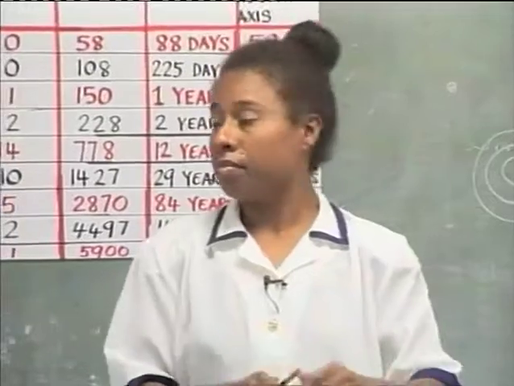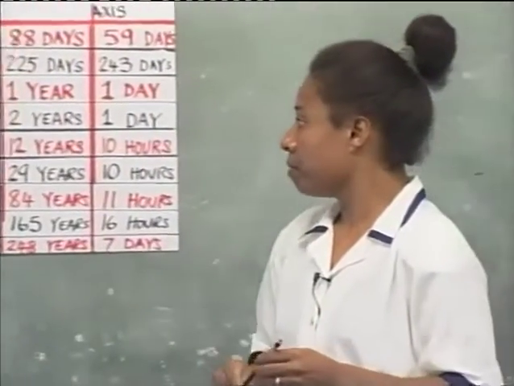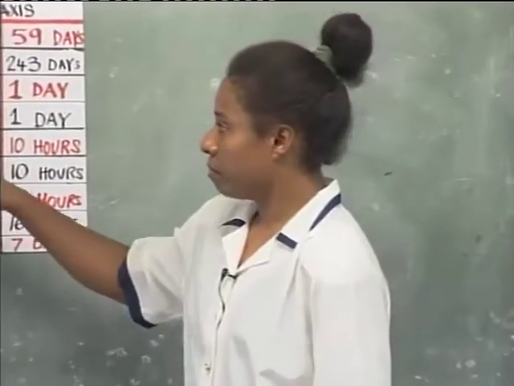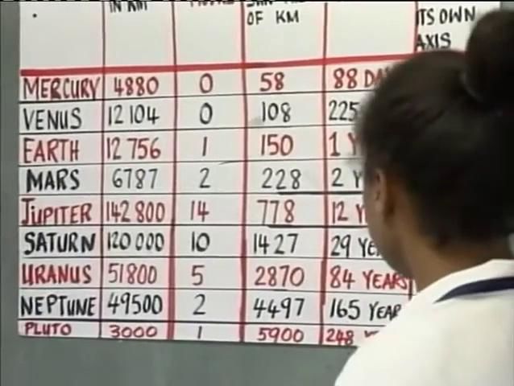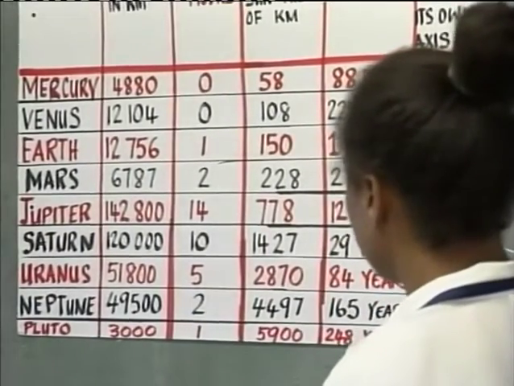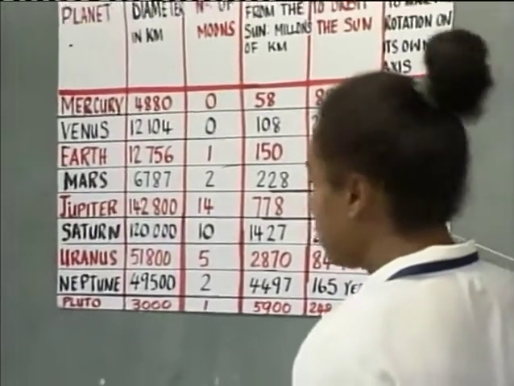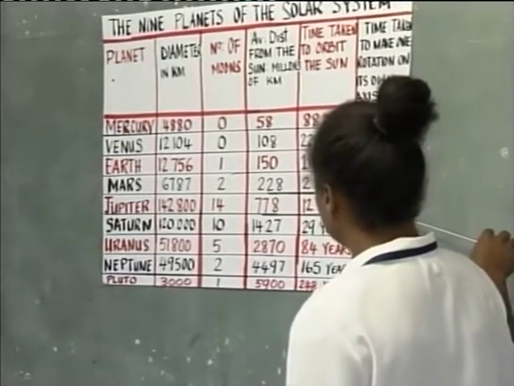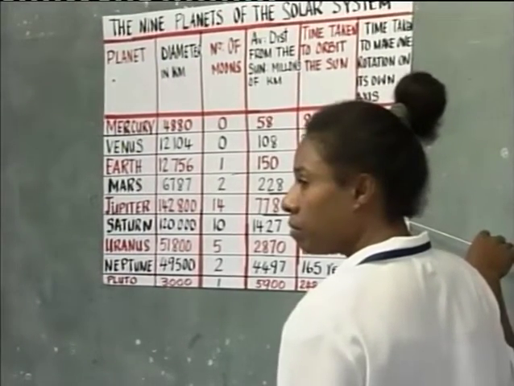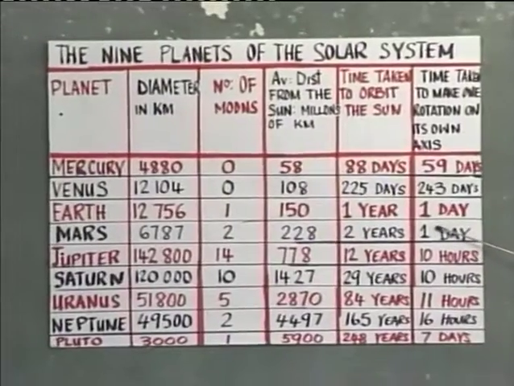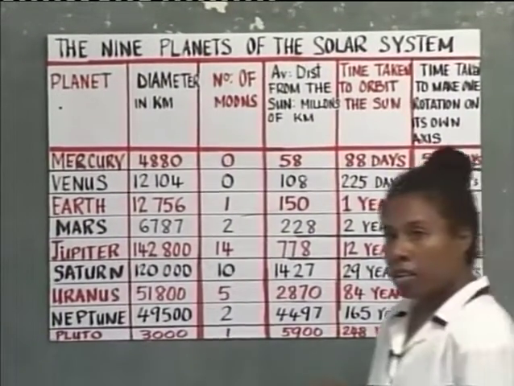The diameter of Jupiter compared to the diameter of the Earth is greater. Is there a factor contributing to the rotation of Jupiter and Earth? Okay, rotation on its own axis.